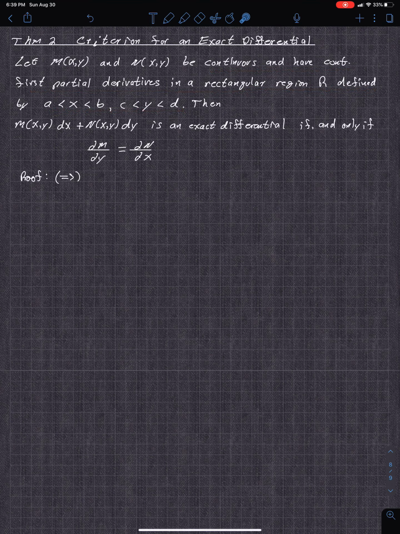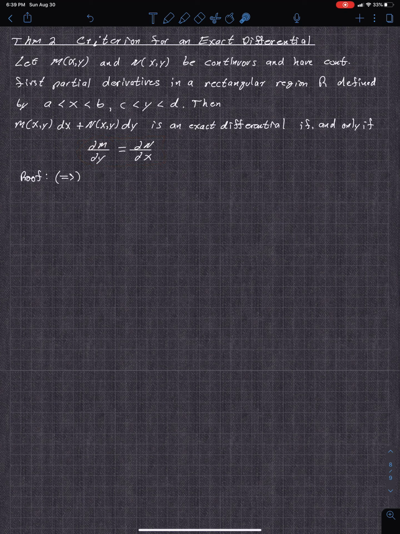So that's the hypothesis of the theorem. Then this form is an exact differential if and only if the partial of M with respect to y equals the partial of N with respect to x. That may look familiar to you.